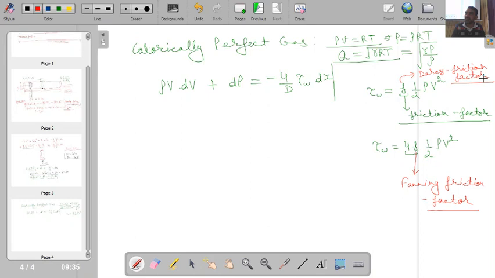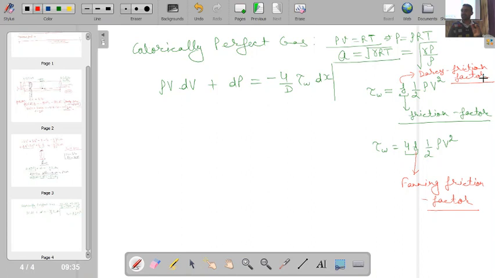For example, whenever we calculate the Fanning friction factor for a circular pipe, its value comes out to be 16 by Reynolds number, for the internal pipe flow. When you represent it in terms of the Darcy friction factor, then for a pipe for fully developed laminar flow, friction factor is equal to 64 by Reynolds number.